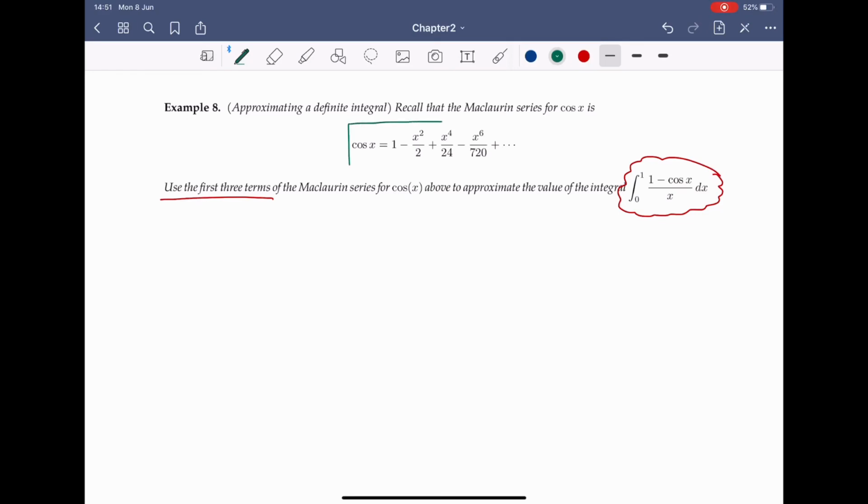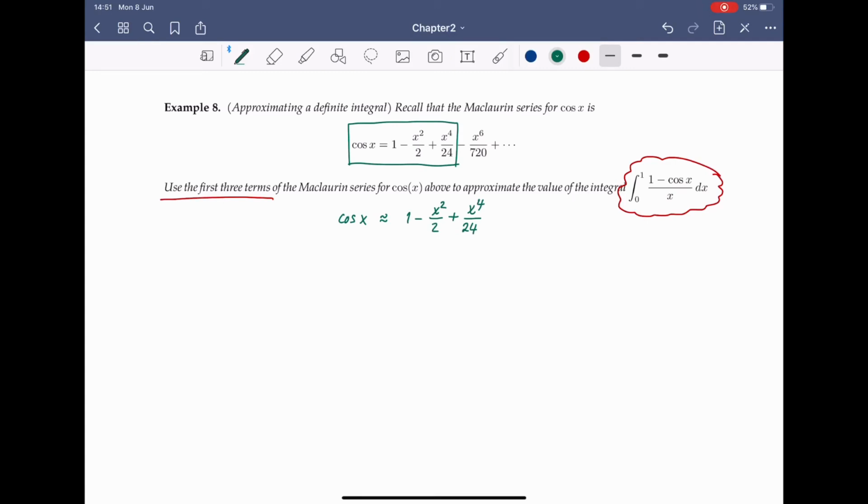So it's going to be this, right? 1 minus x squared over 2 plus x to the fourth power over 24. So this is your approximation. So cosine x can be approximated by 1 minus x squared over 2 plus x to the fourth power over 24.